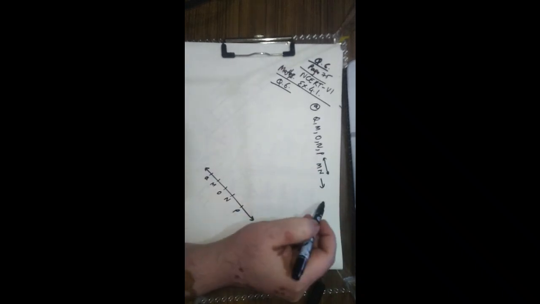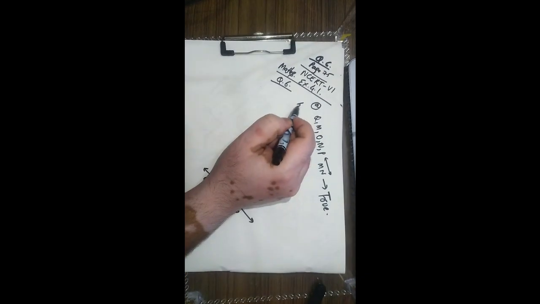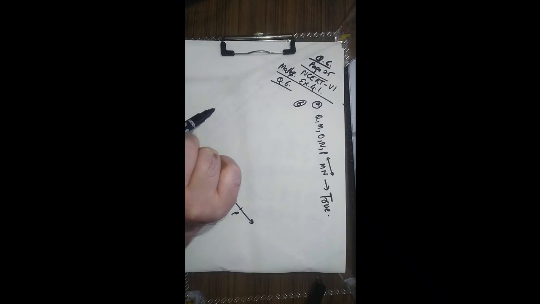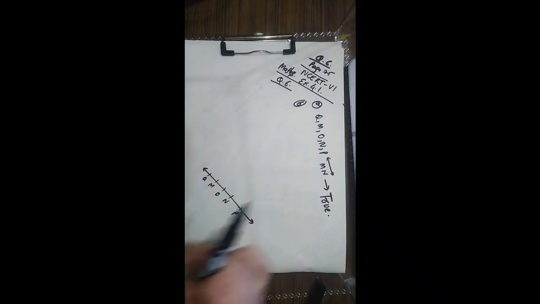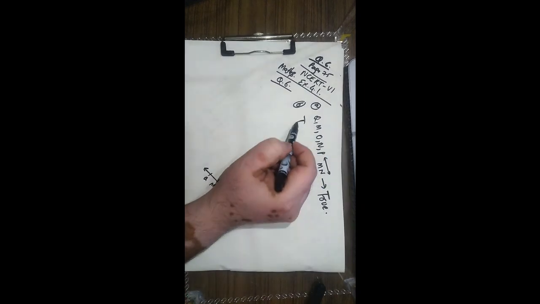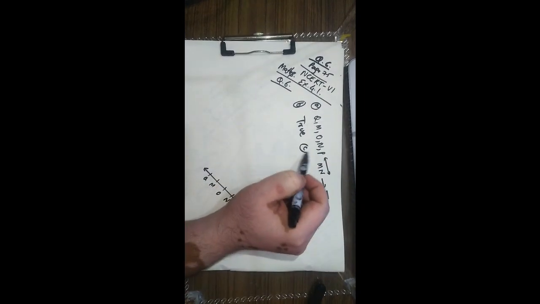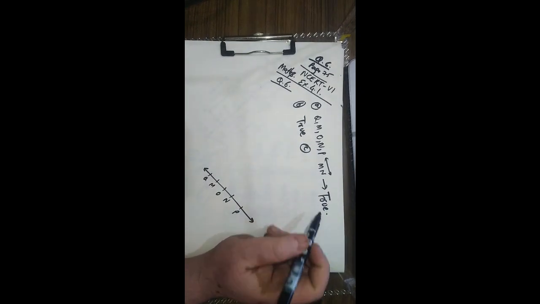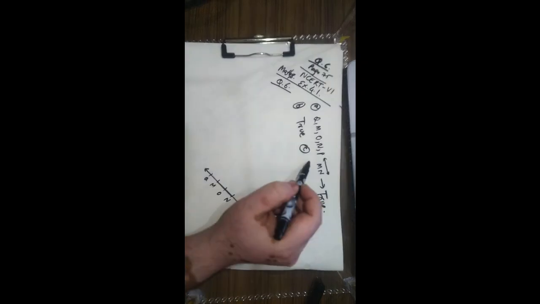Yes, it is true. Similarly, B, Q, M, O, N are points on the line segment MN. Yes, this is true. C, M and N are the endpoints of the line segment MN. Yes, it is true.